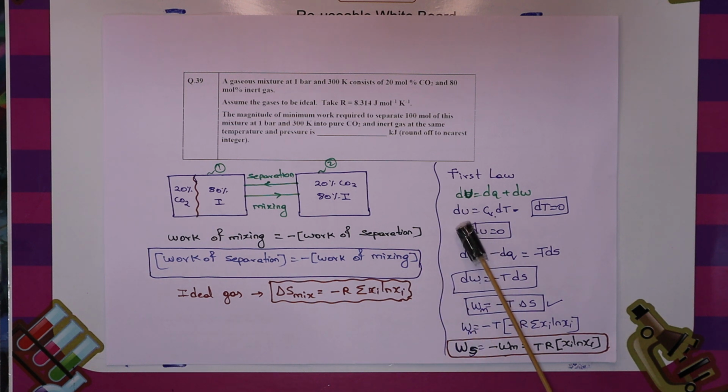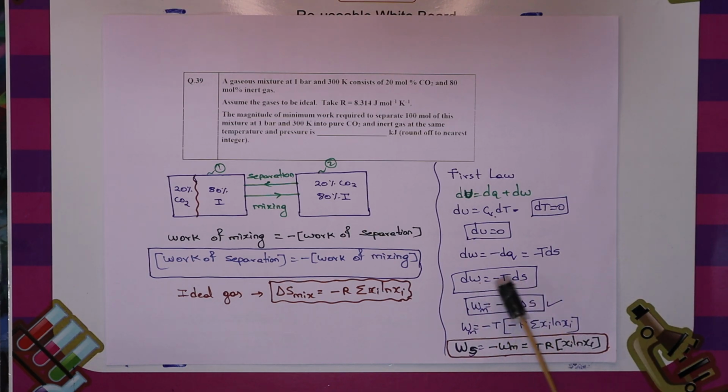I know for the ideal gas, the change in internal energy is nothing but Cv dT. This mixing process should occur at the same temperature and pressure, because internal energy depends only on the temperature. When dT equals 0, dU equals 0. That means in the first law, dU equals 0. Therefore, dW is equal to minus dQ, and dQ is nothing but T dS. Therefore, dW is equal to minus T dS.